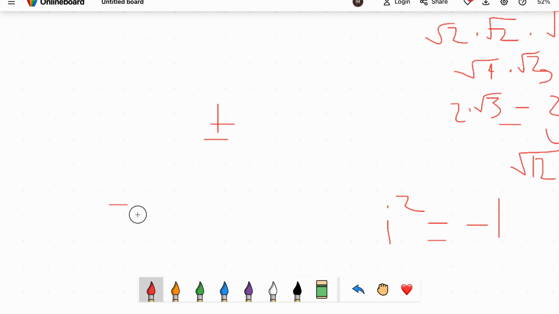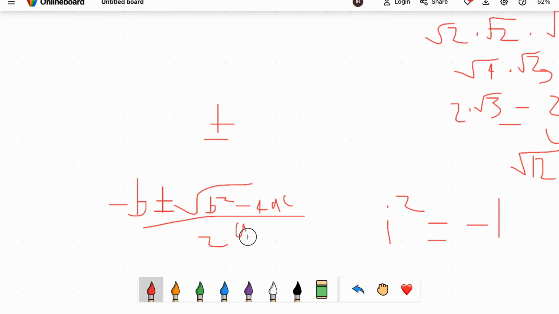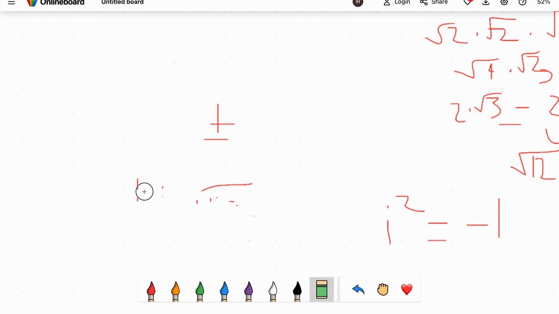For example, it can be used in the quadratic equation: minus b plus or minus the square root of b squared minus 4ac, over 2a. However, the discriminant is b squared minus 4ac. We don't even need this in this problem yet, so let's not talk about this, just extra information.